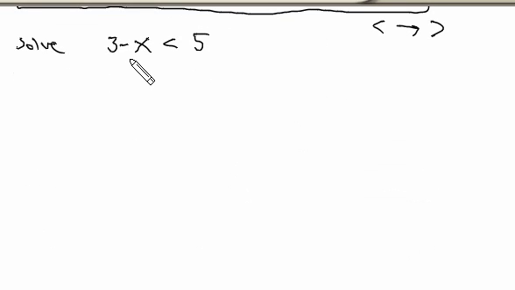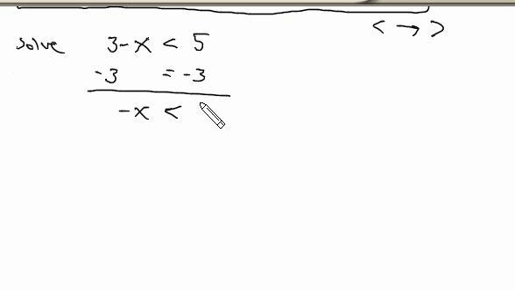Let's solve 3 minus x is less than 5. Okay, we solve it like an equation, so we could do one of several things to start off with, but let's subtract 3 from both sides, and so we end up with minus x is less than 2.